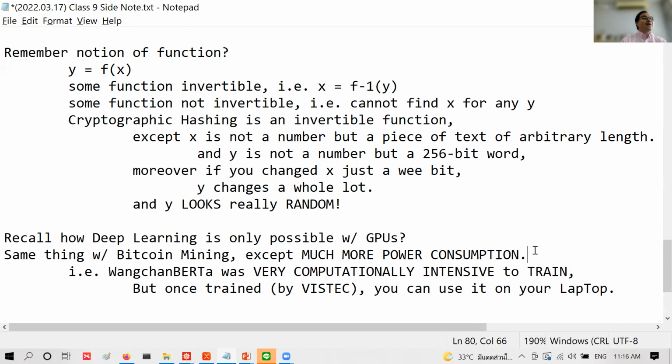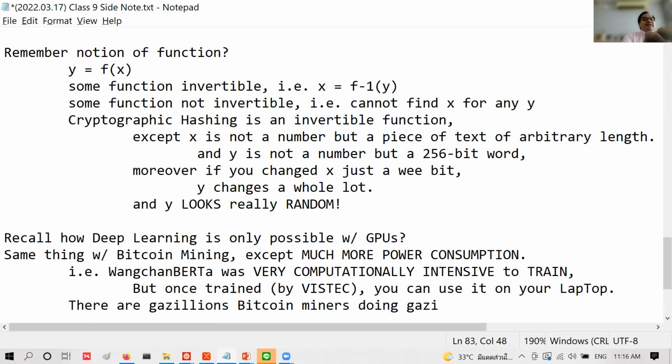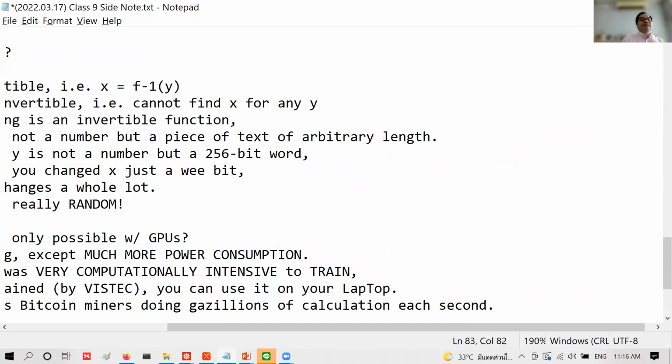Not because the algorithm is power consuming, but because you have to do it a gazillion times, and there are a gazillion Bitcoin miners doing a gazillion calculations each second.